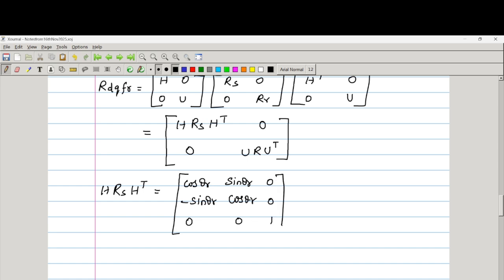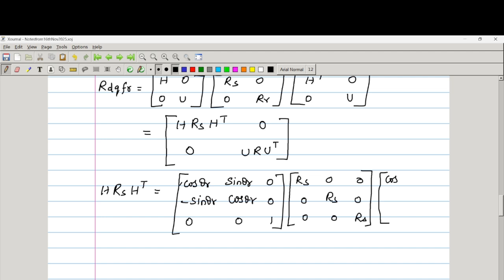That is the H matrix. In the R matrix, we can see RS 0 0, 0 RS 0, 0 0 RS. Then we will have the H transpose matrix. That means the H matrix we already know.